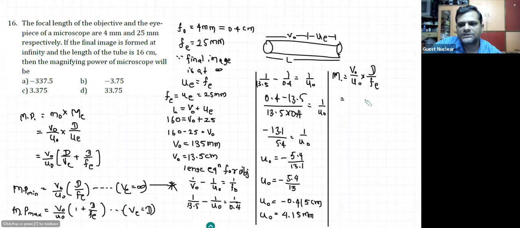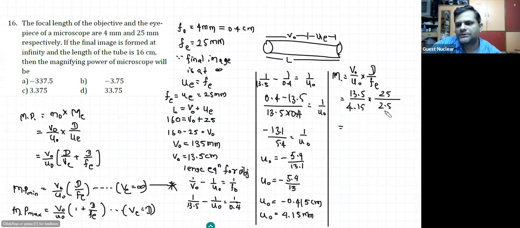So we can get this as VO, which is actually 13.5. UO is going to be 4.15, multiplied by D, which is 25, and FE, which is again 25 millimeter, but that is going to be 2.5 in centimeter.